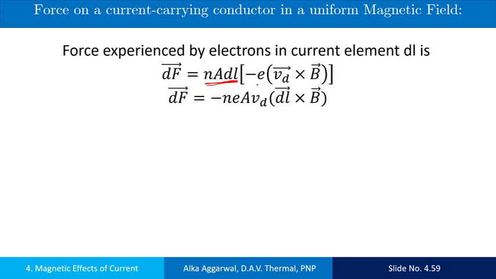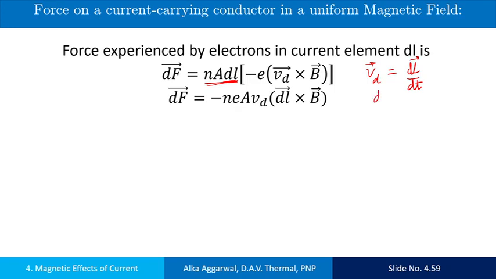Now for this expression, either you can take Vd outside and dl inside, or otherwise you know that drift velocity is equal to dl upon dt. Now in place of Vd put dl by dt.